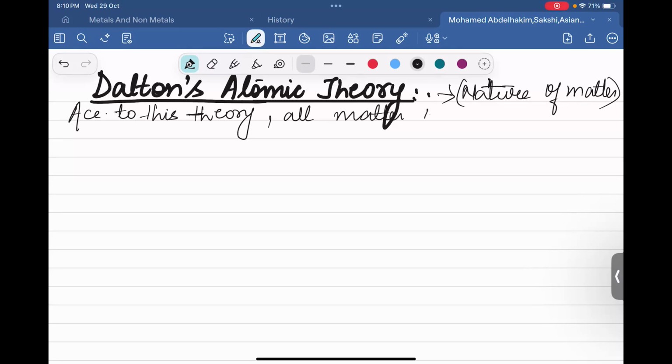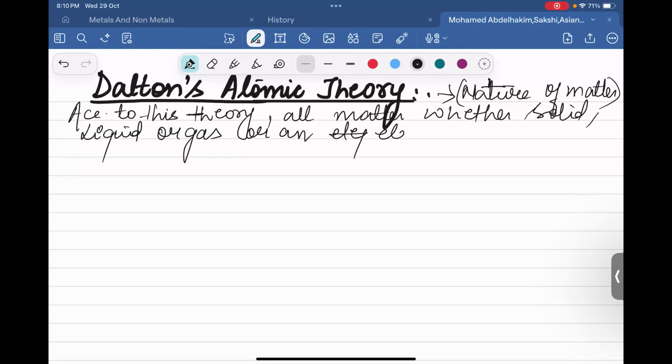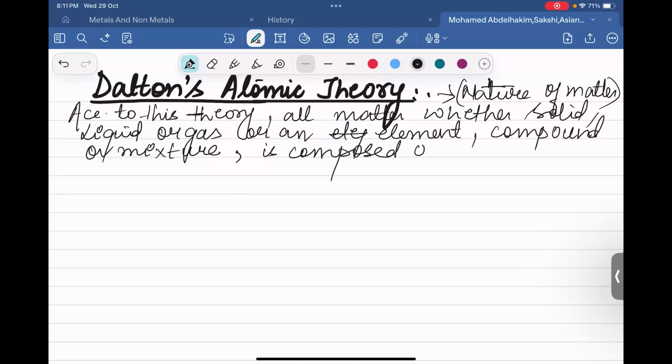All matter, whether it is solid, liquid, or gas, which you have already studied, or any element, compound, or mixture, is composed of small particles called atoms.